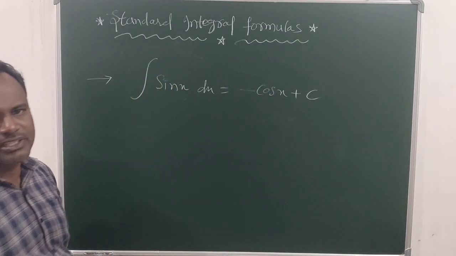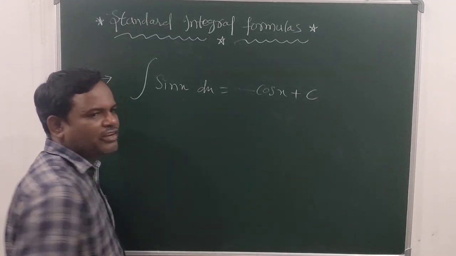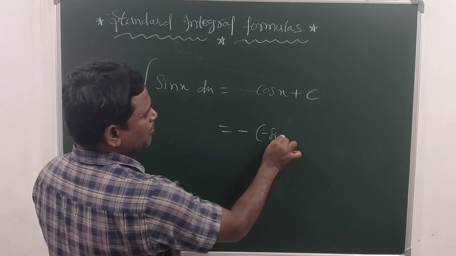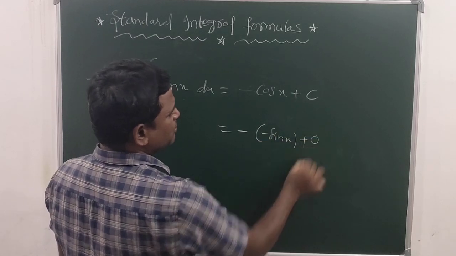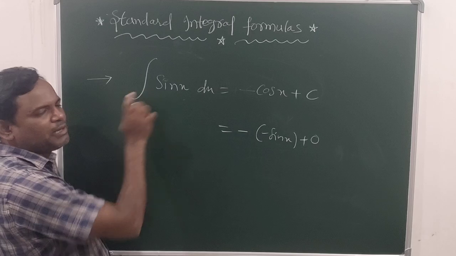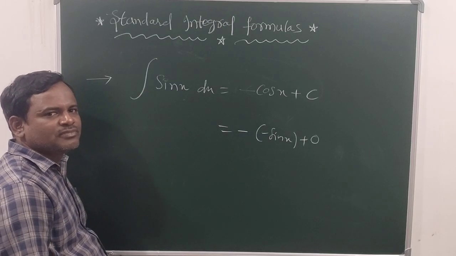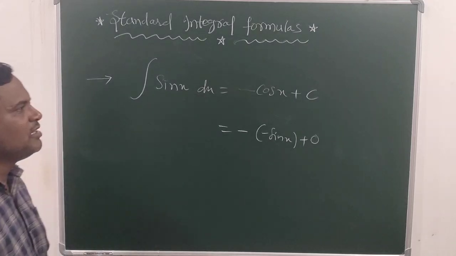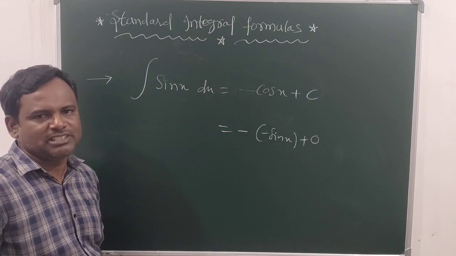If you want, do the derivative of this again. Here the derivative of minus cos x is minus sin x minus, and the derivative of c is 0. Minus into minus gives plus, so you are getting this. Hence, what is the integral of sin x? Minus cos x plus c.